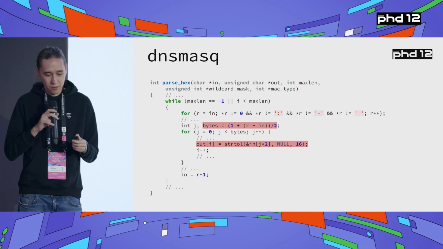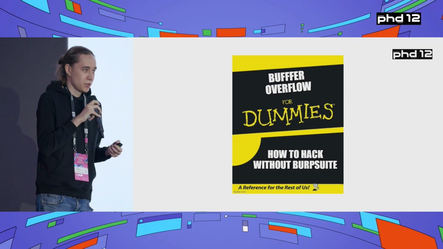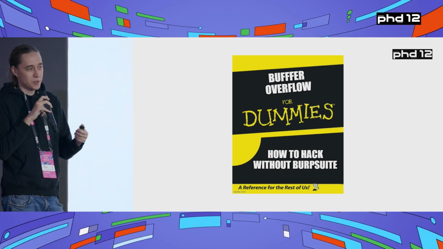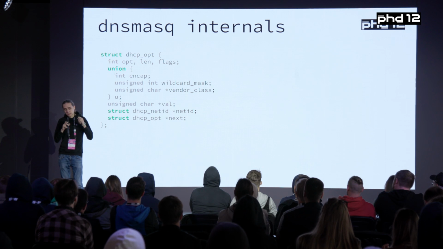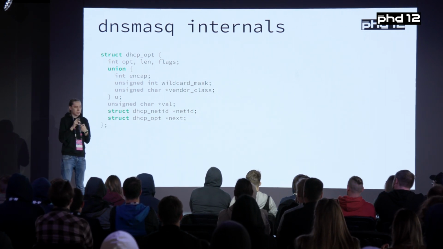So we allocate a fixed amount of space, but then it parses until the very end, which does create an obvious buffer overflow vulnerability. Now, for people like me, spending more time on Burp than with buffer overflow, a mild reminder is that buffer overflow is almost as awesome as XSS.